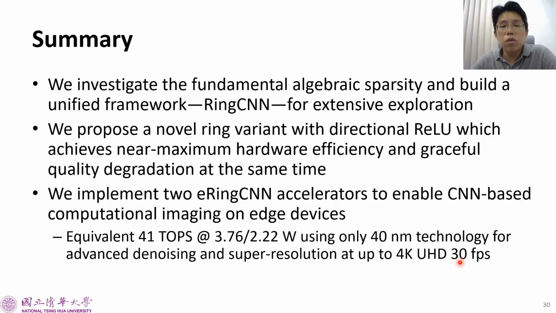Finally, we implement 2 RingCNN accelerators to enable CNN-based computational imaging on edge devices. We show that equivalent 41 TOPS at 2 to 4 watts is possible using only 40nm technology for advanced computational imaging. My presentation ends here.